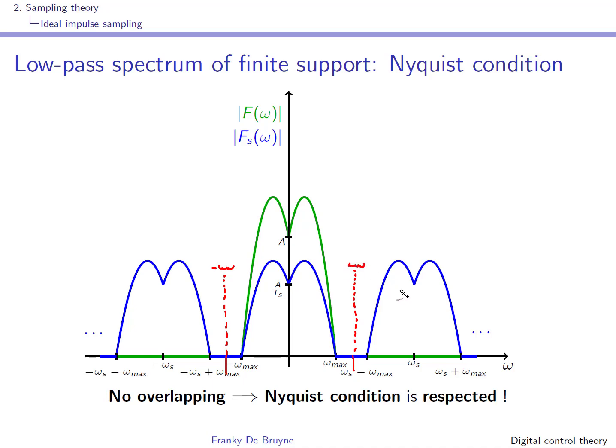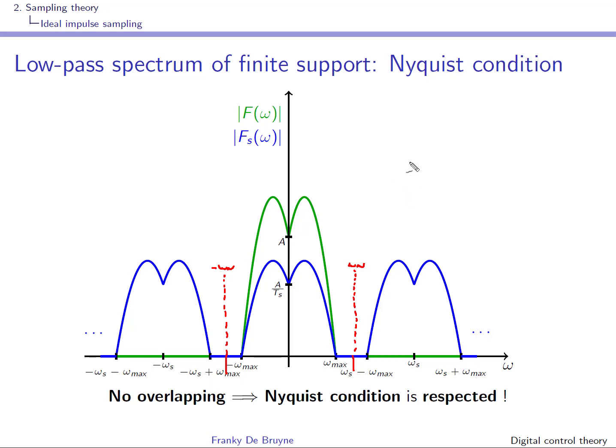So you can see that as long as omega s is chosen large enough, these two motives in blue will not overlap. If omega s is chosen too small, these two motives will be overlapping, and at reconstruction you'll have frequency folding problems.